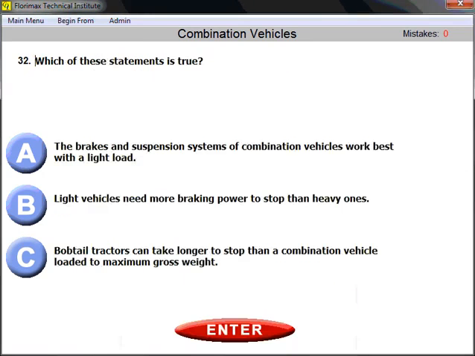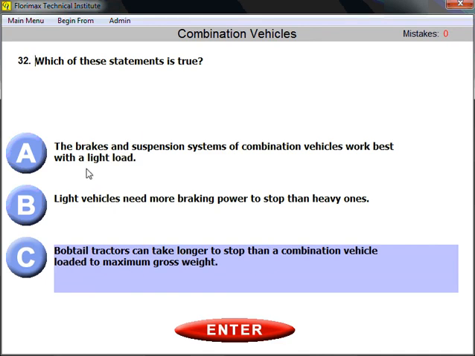Very good. Question number 32. Well, simple question. Which of these statements is true? You need to read through all three of them, and the correct answer here is C: bobtail tractors can take longer to stop than combination vehicles loaded to maximum gross weight.